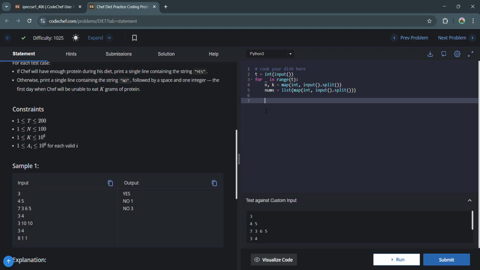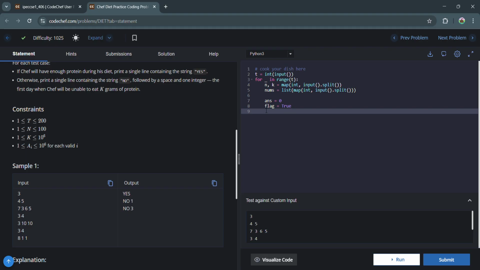Now after this we have to initialize some variables like answer is equal to 0. This represents the first day on which he cannot complete his diet. We also have to take care of a flag value.